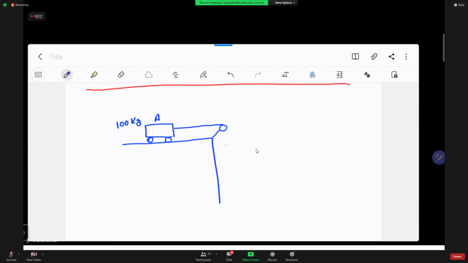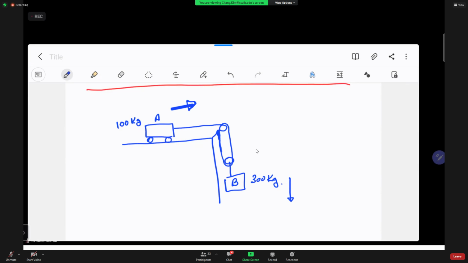And it is connected to a block B of a 300 kilogram. Okay. And this is probably held somewhere. Okay. So as soon as I let it go, this guy will drop down and this guy will move to the right.